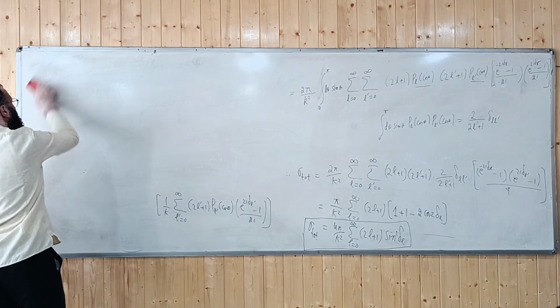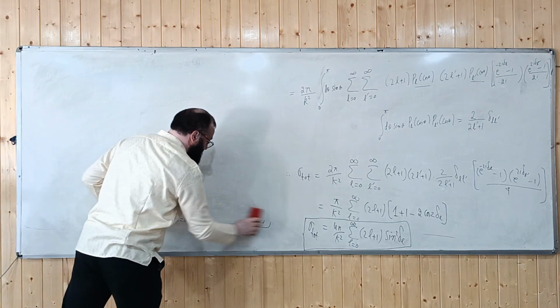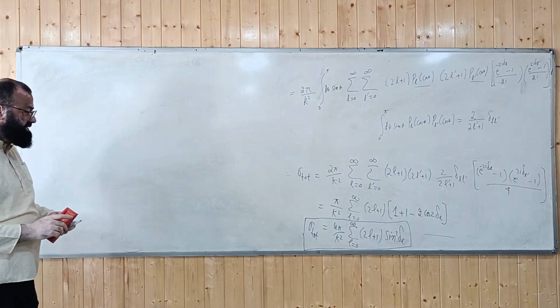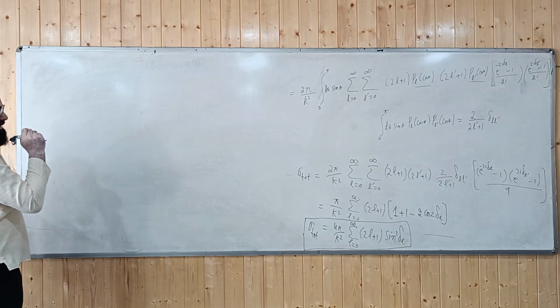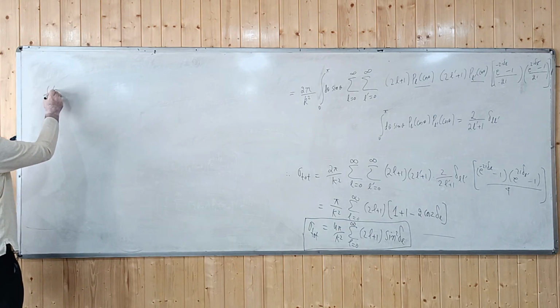So there is a corollary to this result. Let's look at the forward direction. That result we will interpret later on. So what is our f of theta?